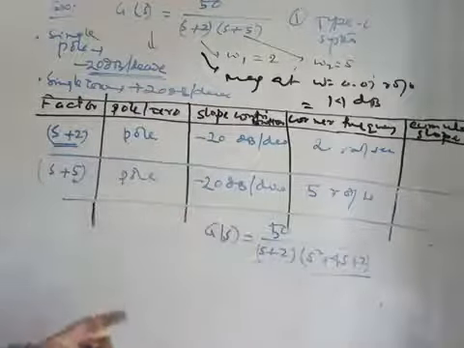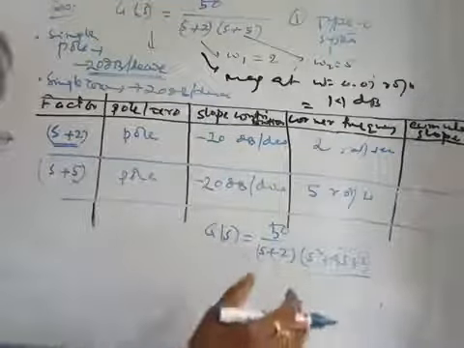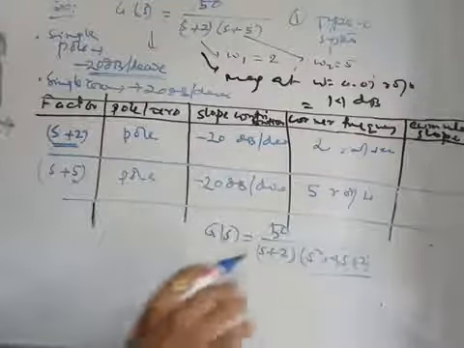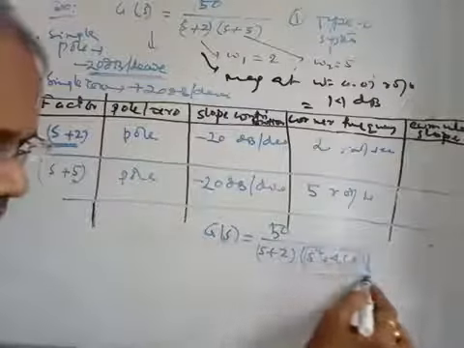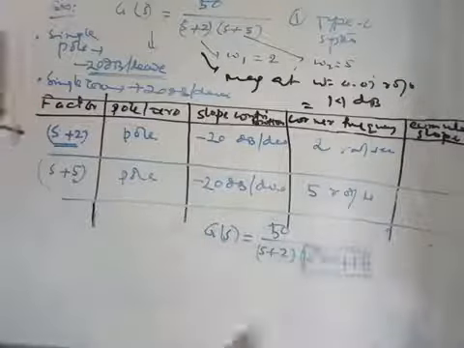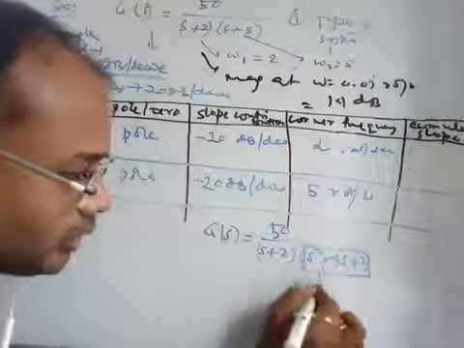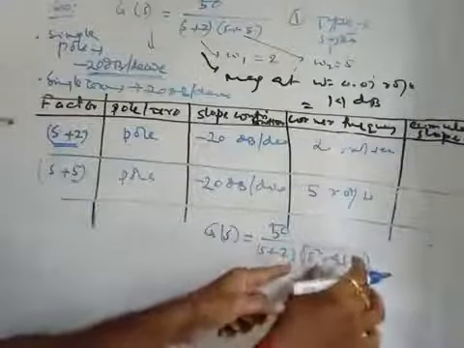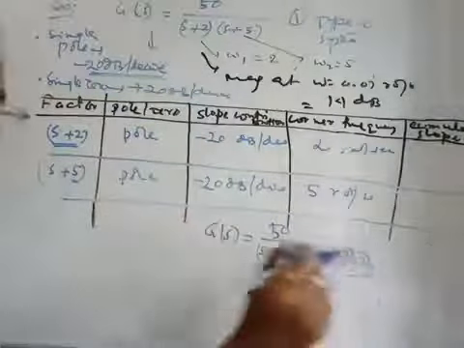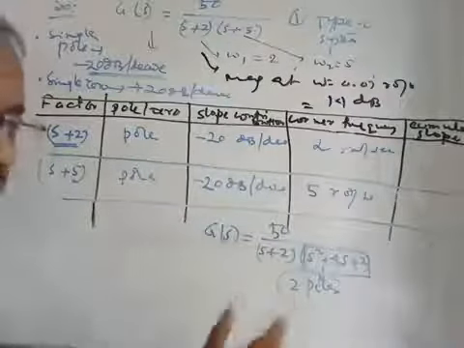How to get the corner frequency, I will let you know. And next, how many poles are associated with this factor? There are definitely 2 poles. This factor is contributing 2 poles.